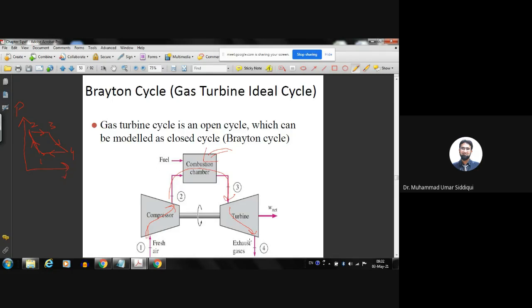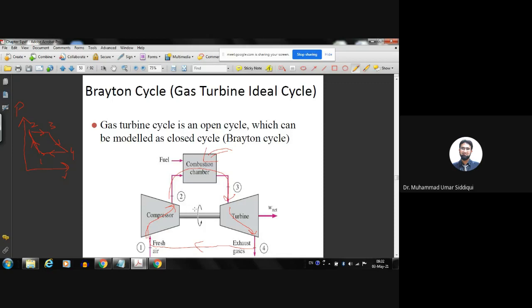But in the ideal cycle, we connect them together, showing it in the form of a cycle, so that becomes a closed cycle. In reality, it's going to be an open cycle. The exhaust gases go out, fresh air is taken into the compressor again, and the cycle continues.